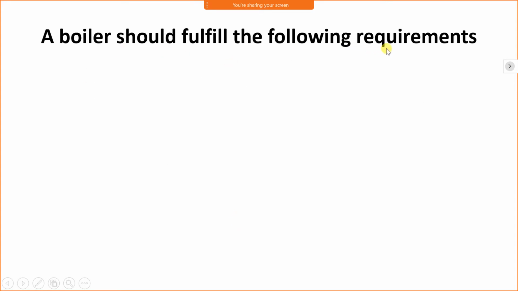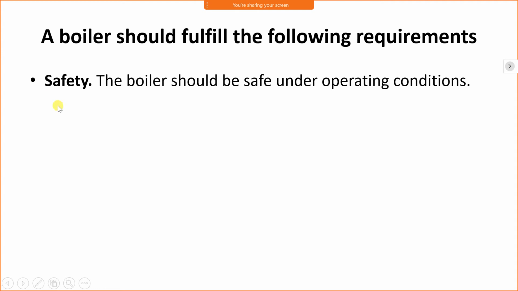A boiler should fulfill the following requirements. Whenever you go for purchasing a boiler, you should check whether the boiler fulfills these requirements or not. A good boiler should fulfill the following requirements. First is safety. Safety is the first and foremost important parameter. You might have seen in the news that in many industries casualties happen because of the bursting of a boiler due to improper operation.